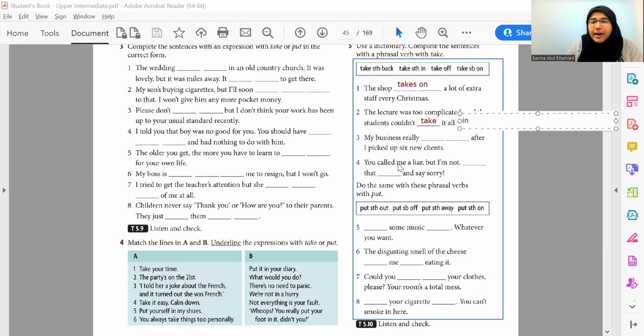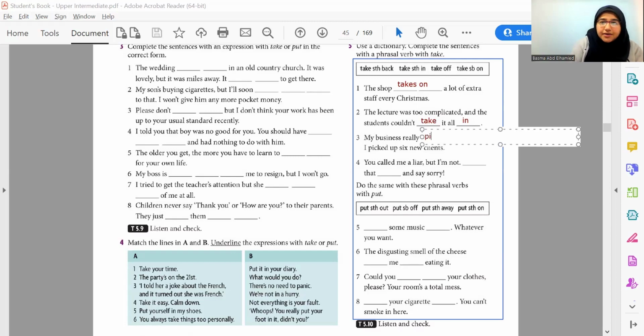Number 3, my business really took off after I picked up 6 new clients. So my business really took off. Number 4, you called me a liar, but I am not. Take that back and say sorry.